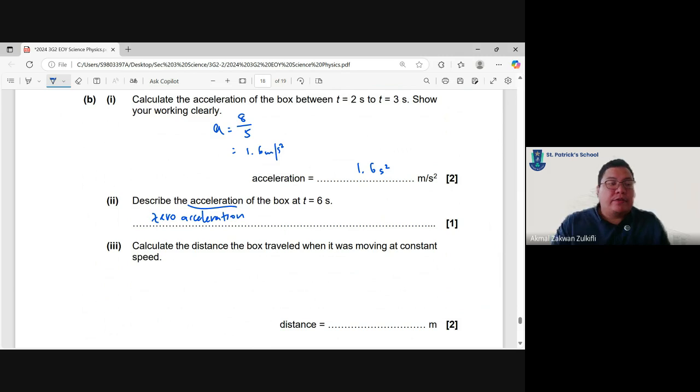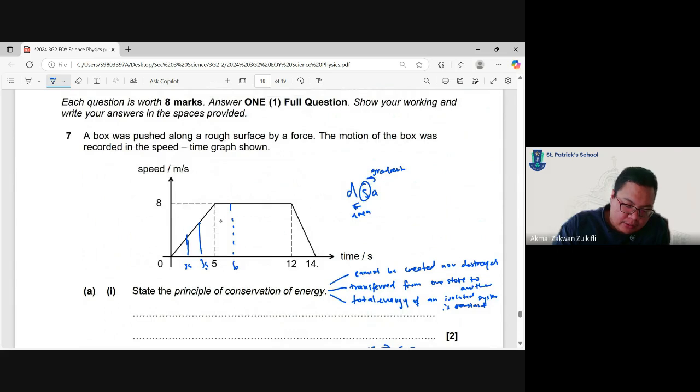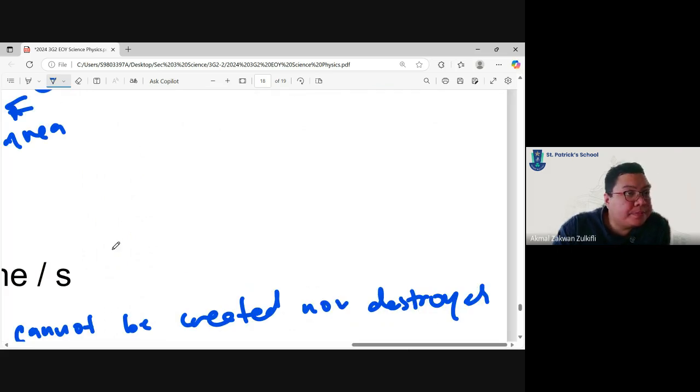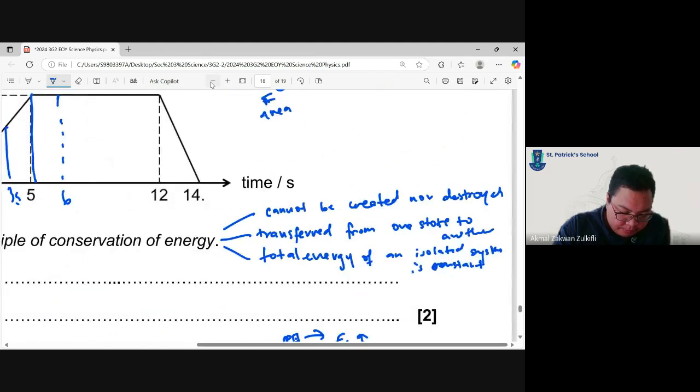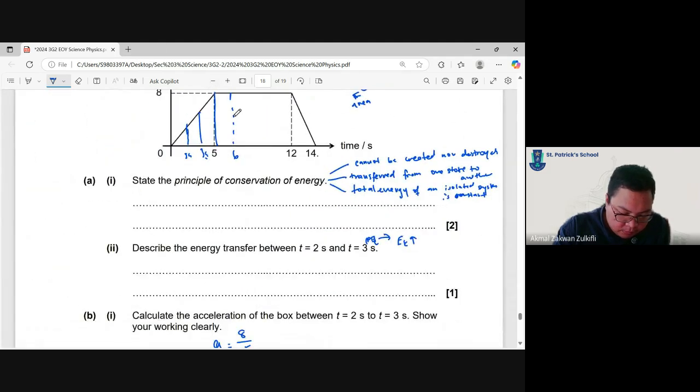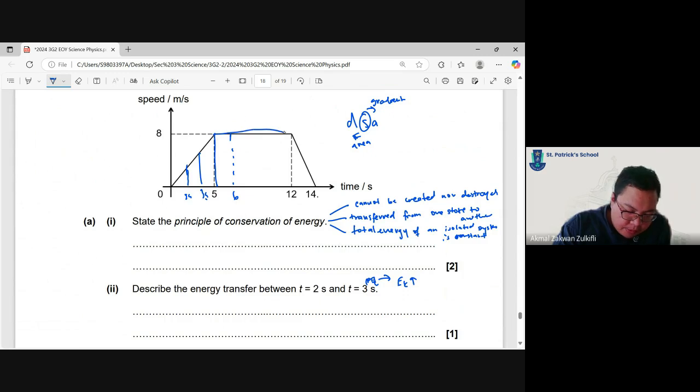Calculate the distance traveled by the box when it is moving at constant speed. So we are looking at here. Constant speed is this one, right?